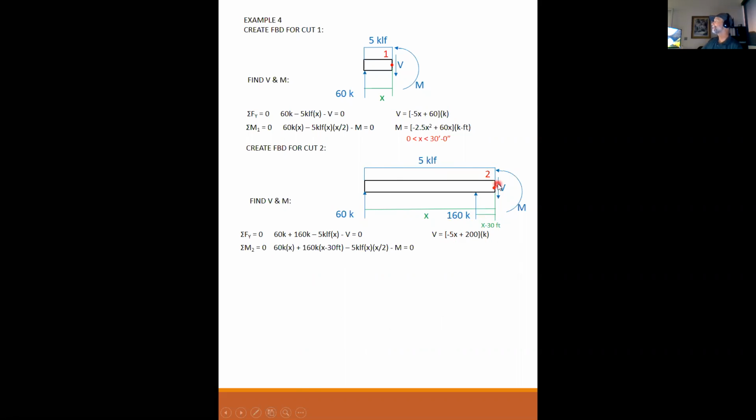So summing the moments about the red dot, I have 60 times x clockwise. I have 160 times x minus 30 clockwise. I have 5 times x times a moment arm of x over 2, and it's turning counterclockwise, so it's negative, minus my positive moment because it's turning counterclockwise, so negative.